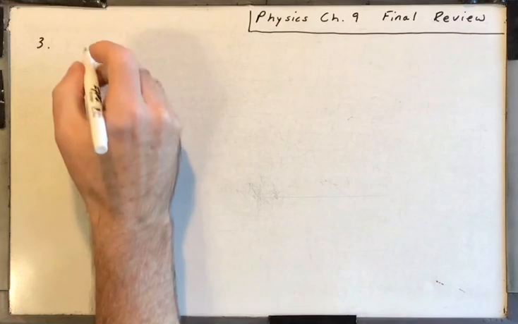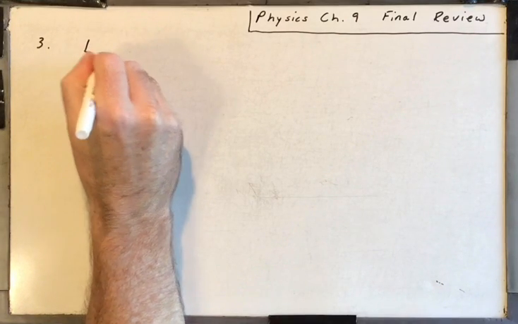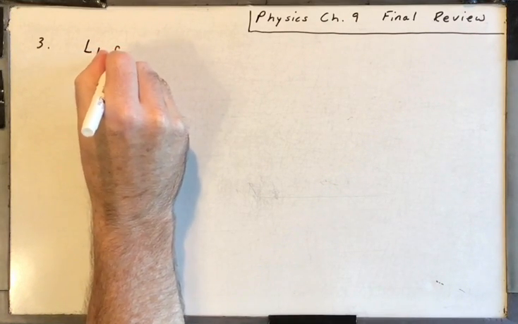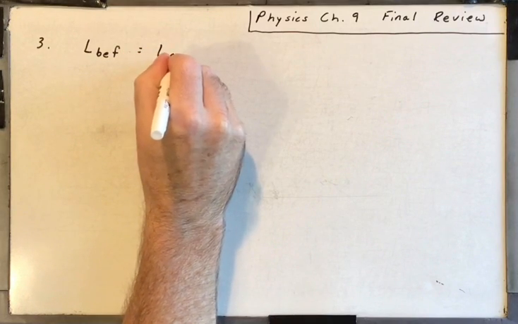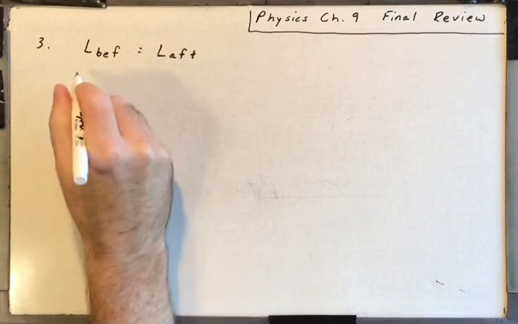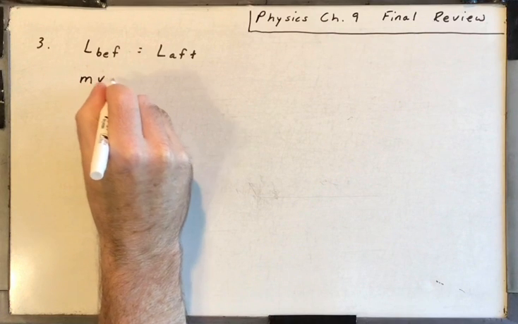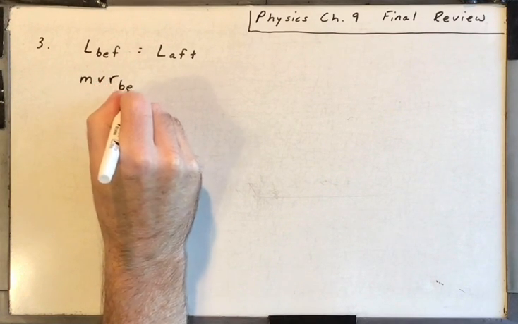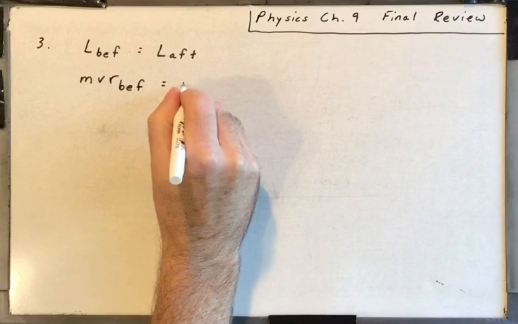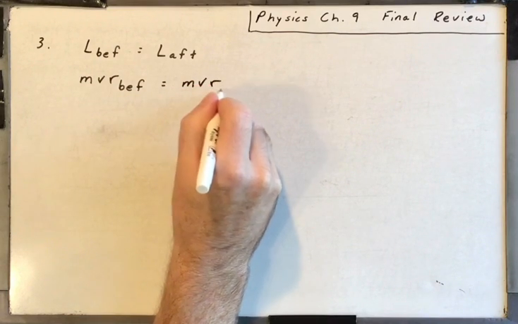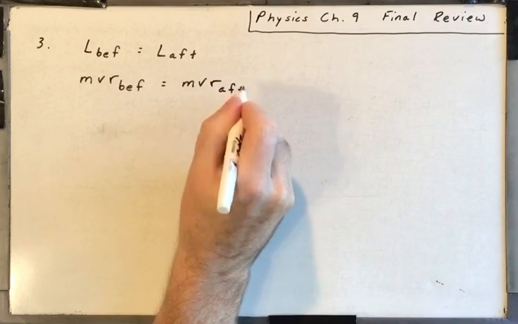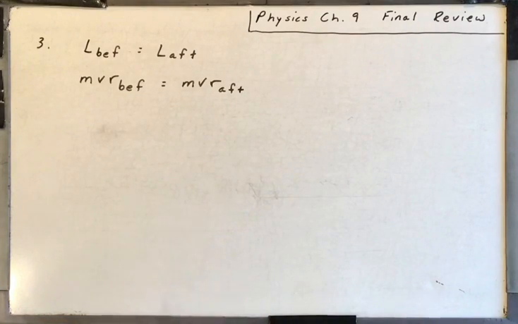Okay, this is the law of angular momentum conservation. So L before is equal to L after. That's mass times velocity times radius before is equal to mass times velocity times radius after. You can put 1 and 2 if you want.